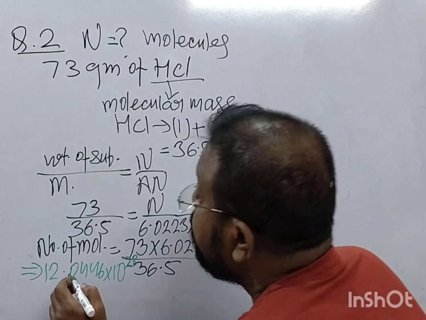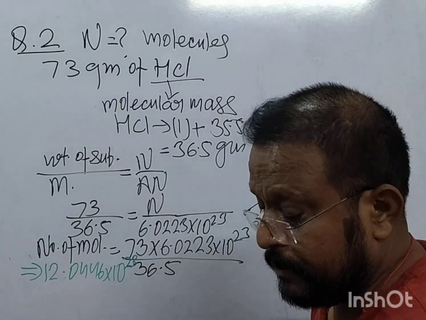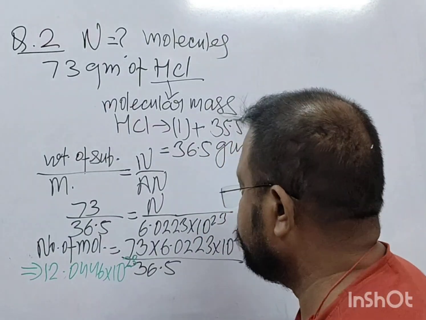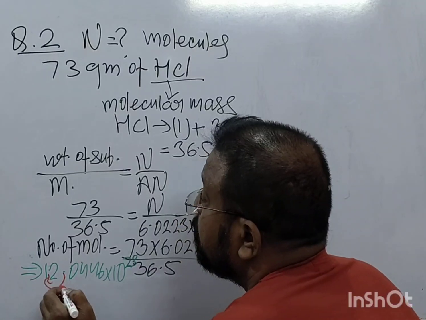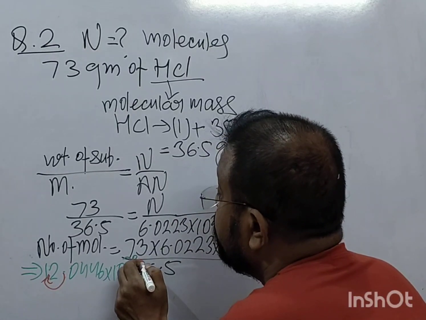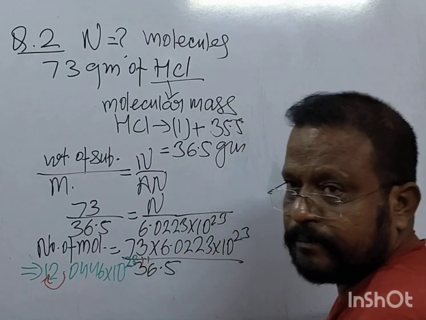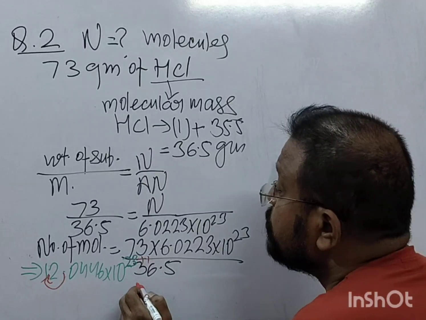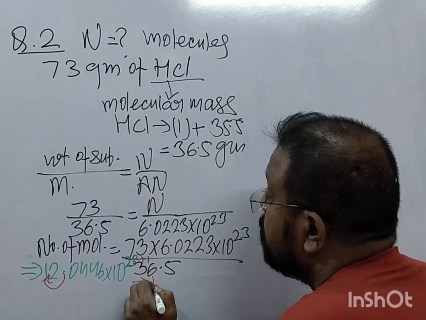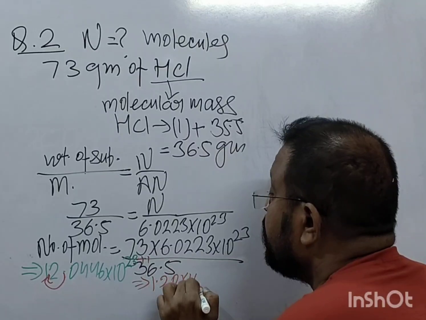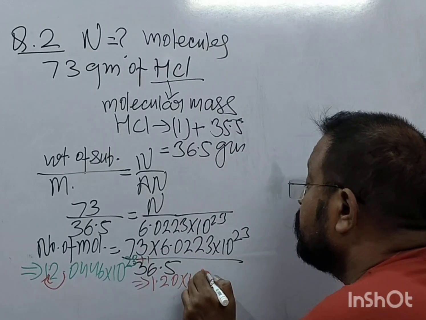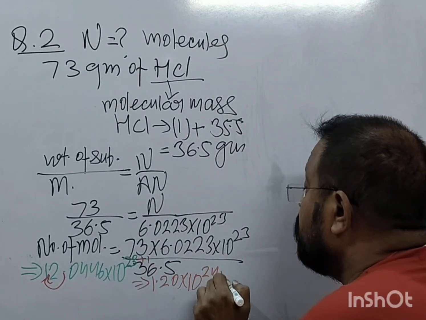If we bring the decimal here, then plus 1 will be here. So it becomes 1.20 into 10 raised to the power 24 molecules.